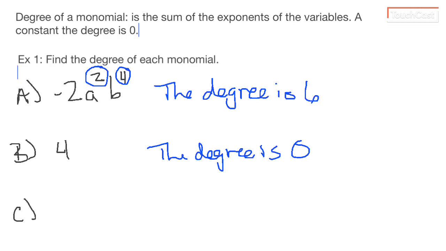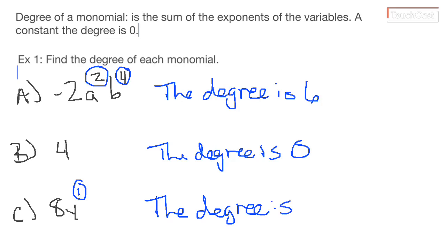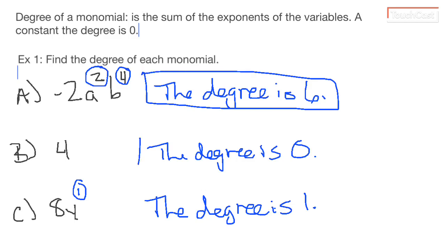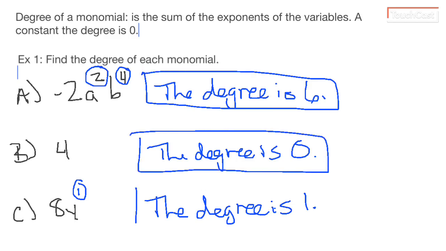And lastly, we have 8y. Now, technically, there is a power to that y. That power is a 1. So in this case, we're going to say the degree is 1. And we are done with our first example.